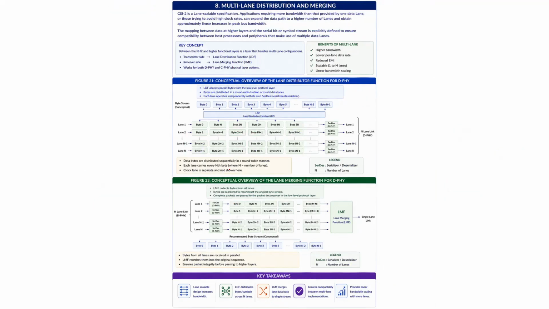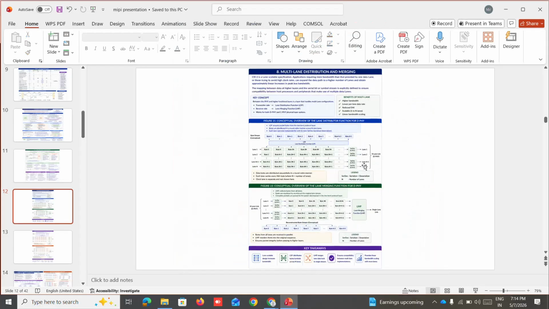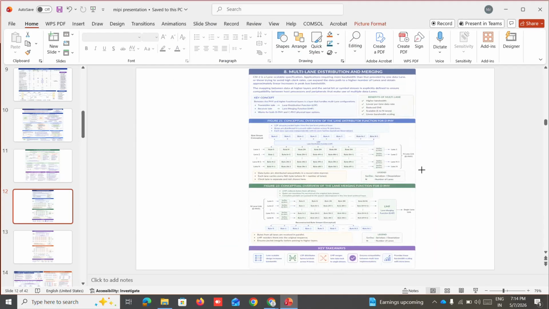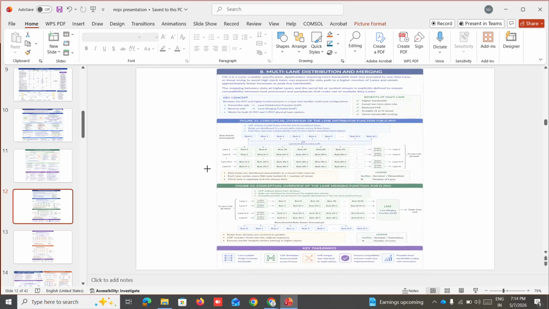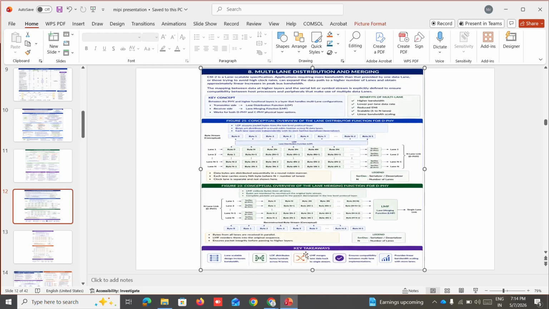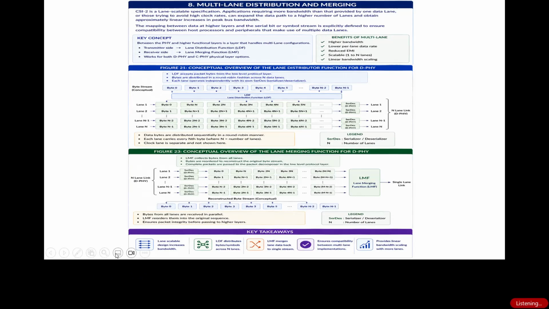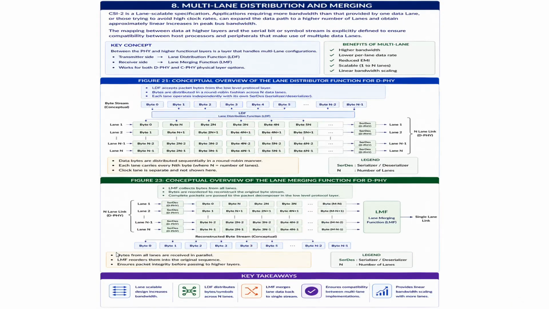See, multi-lane distribution and merging. How are we adding this multi-lane distribution and merging? We have lane distribution and then lane merging. Distribution is available on the transmitter side, and merging is available on the receiver side.